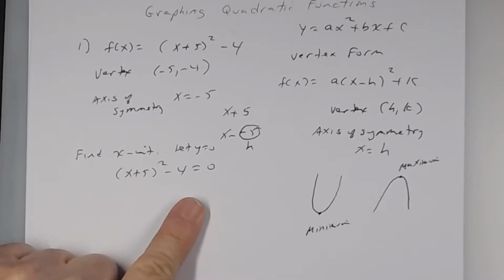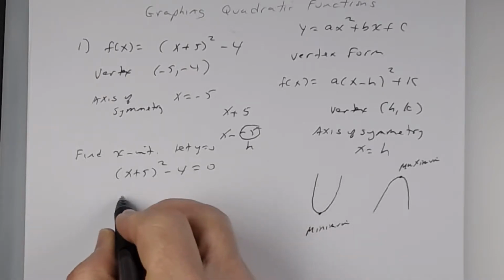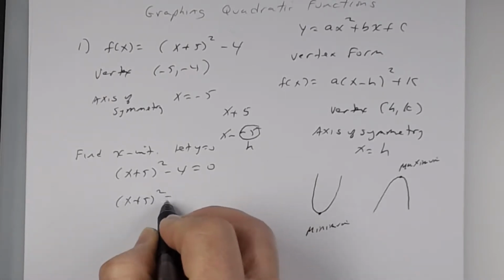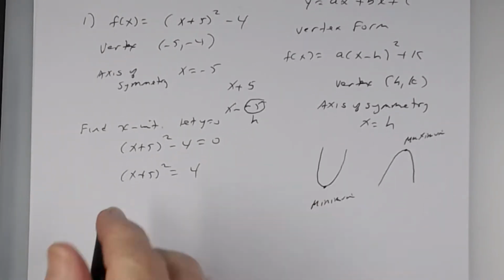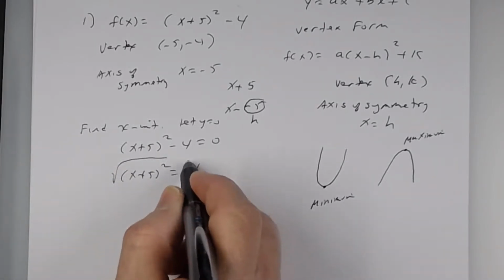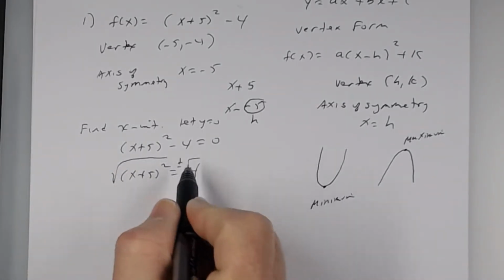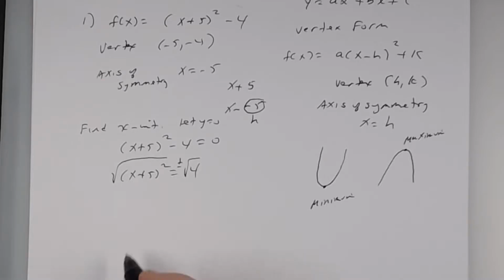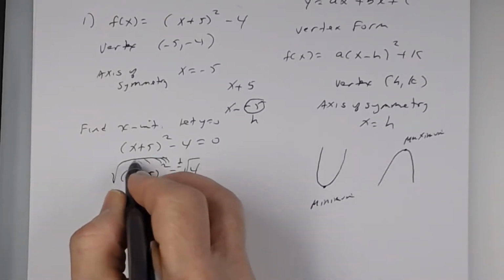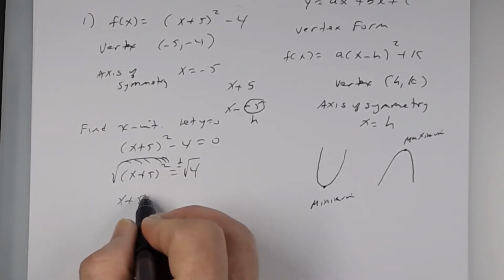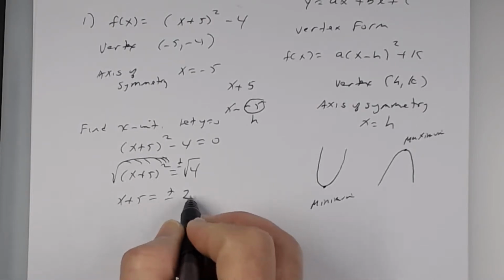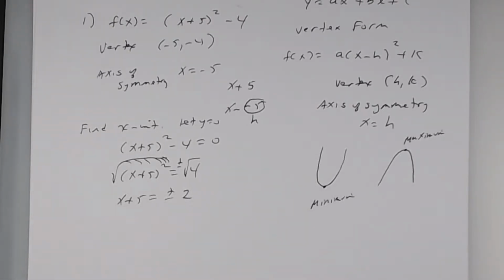So I get x plus 5 squared equals 4, and then take the square root of both sides. Remember, you get a plus or minus. The square and the square root undo each other, so you get x plus 5 equals plus or minus 2, since the square root of 4 is 2.